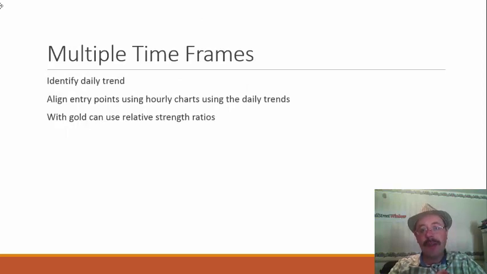So let's first talk about multiple time frames. The simplest example I can give you is use the daily trend and then align that with the hourly trend. Personally, when I'm using stage analysis, and looking at entry points and charts, what I'm really looking at is two time frames.